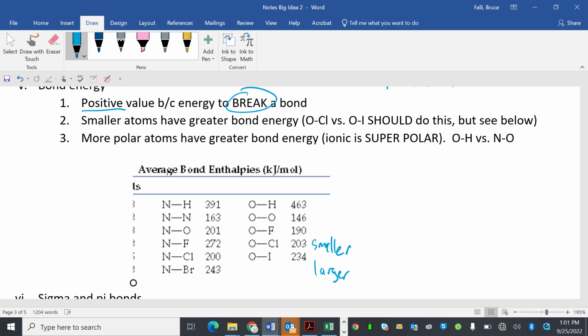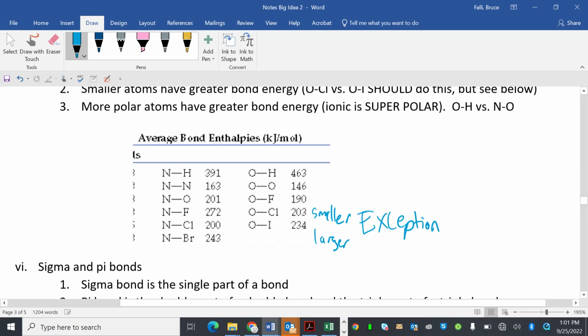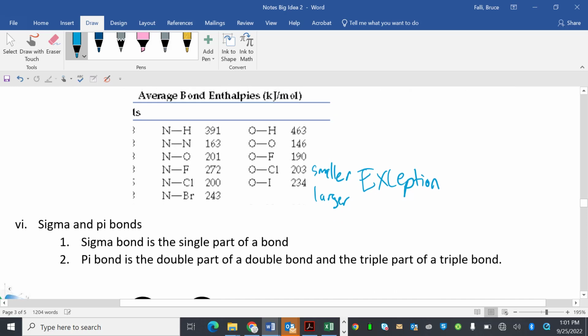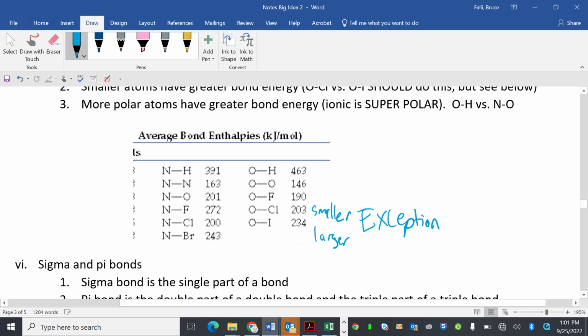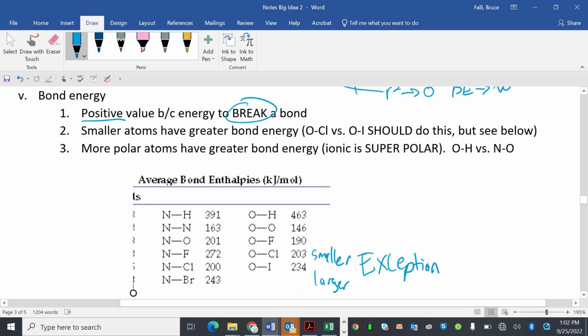You would think those would be flip-flopped. But once in a while, I guess that's the exception that proves the rule. You do not need to know that exception, but you should expect smaller or bigger is weaker. Okay. Wait, that's just part of it. Smaller atoms, more polar atoms have greater bond energy. So remember, more polar means bigger Q, because remember Q is charge.